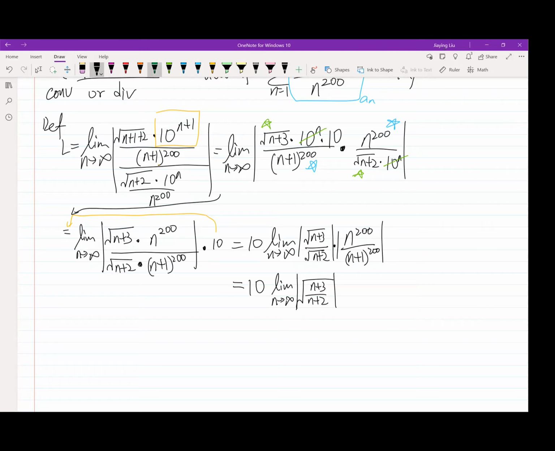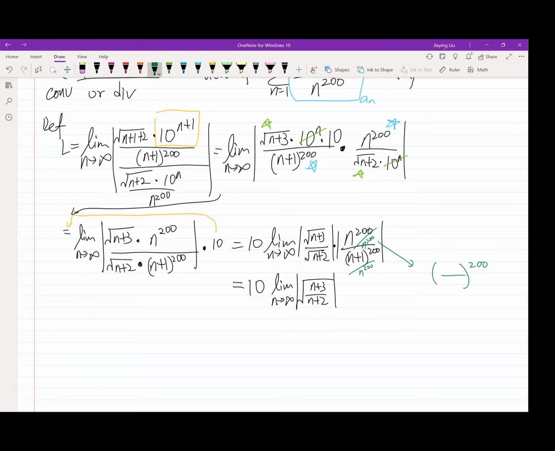So two things: one, you can write them as something to the 200 power, or you can just divide by n to the 200. I'm going to show you the second way, but it really doesn't matter which way we take. The first is the easy way, just like the square root, but the second way is that we can divide by n to the 200 power.